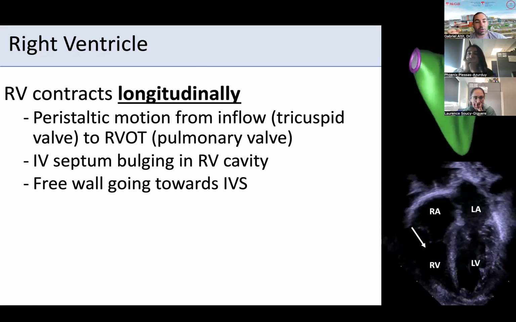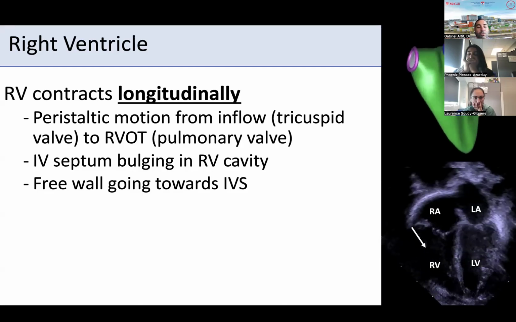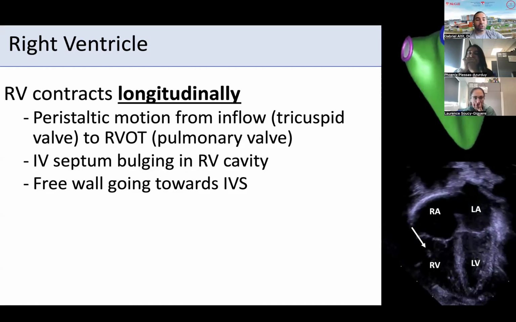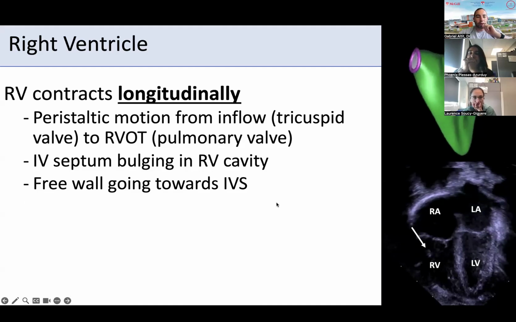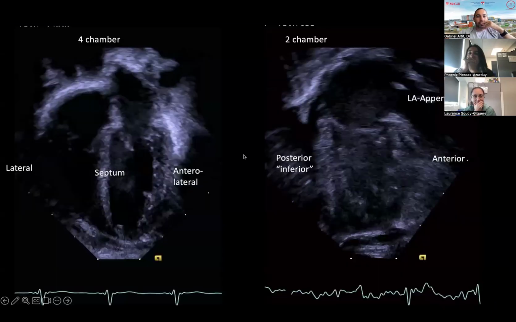Even if the RV looks like it's contracting well and able to eject to some degree in systole, if everything is coming back down into the RV in diastole, you don't really get much pulmonary blood flow, and that can become a big issue. Some of these patients can develop a physiology that's called circular shunt. And Laurence, you definitely should read on that to get a better sense of this physiology.